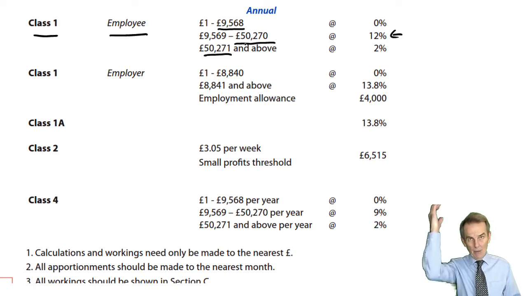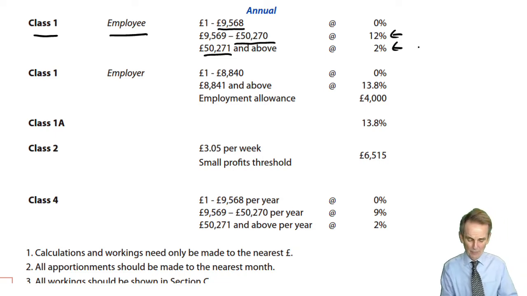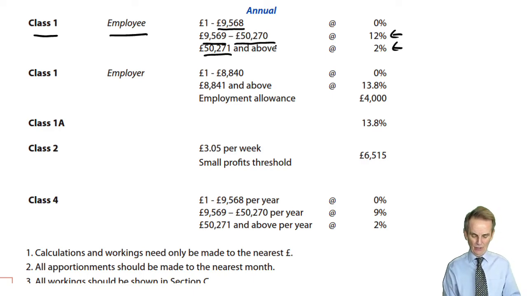Above that, to whatever level, we drop to a 2% level on that excess. So 12% for anything between 9,569 and 50,270, and above that level, on the excess, we just pay 2%.